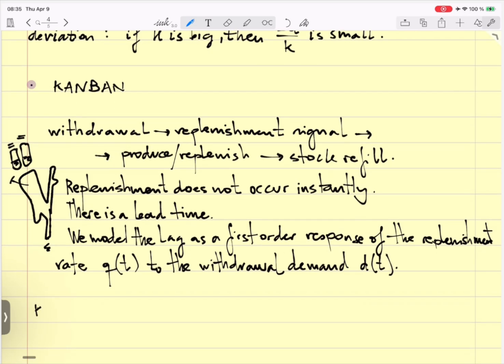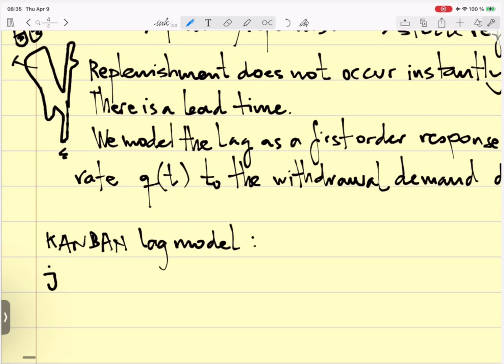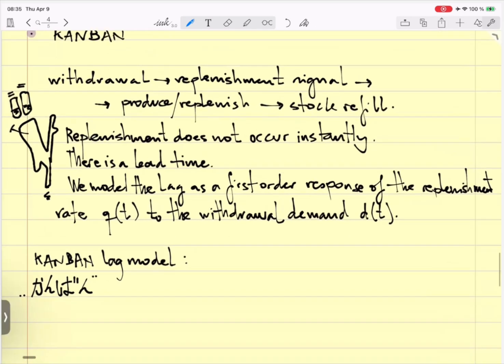So the Kanban lag model. Kanban is a Japanese word, written like this in hiragana. It means card.